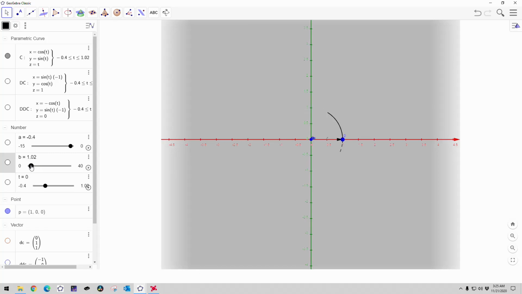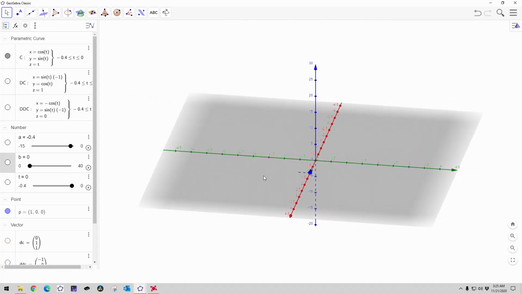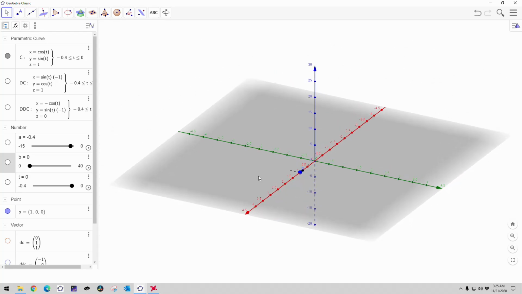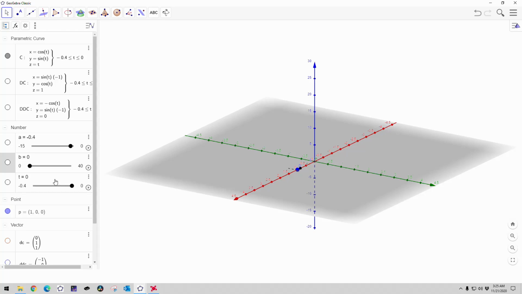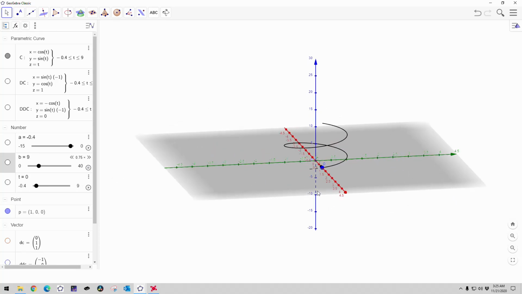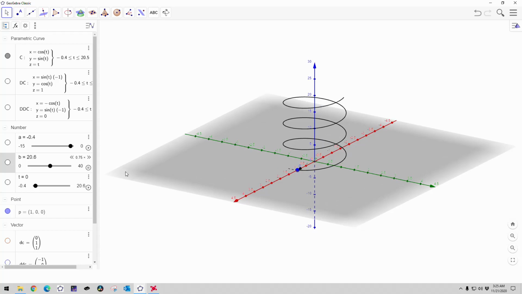However, the actual 3D version is much more interesting because it is going to spiral around a radius of 1 there, but as t increases, so does z. So we end up with a spiral curve like so. And you'll notice my z-axis is actually scaled by 5s as well.